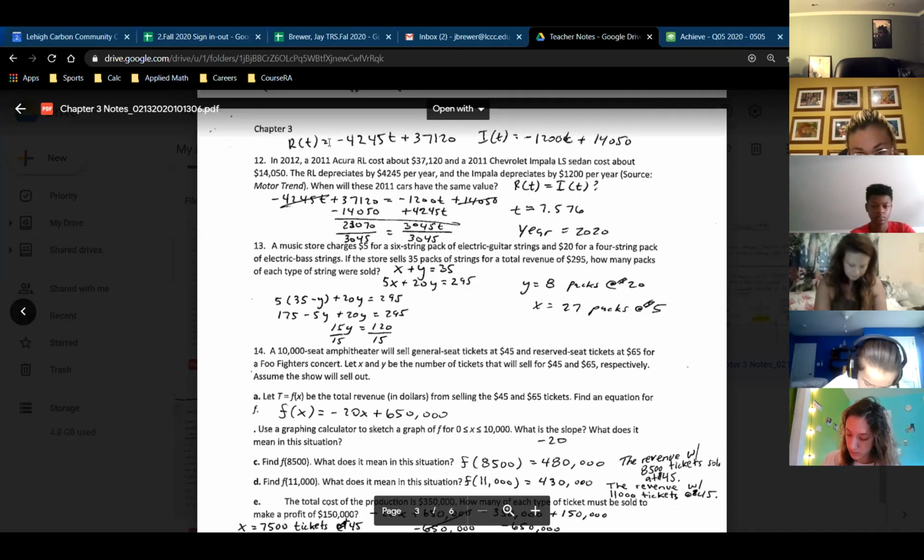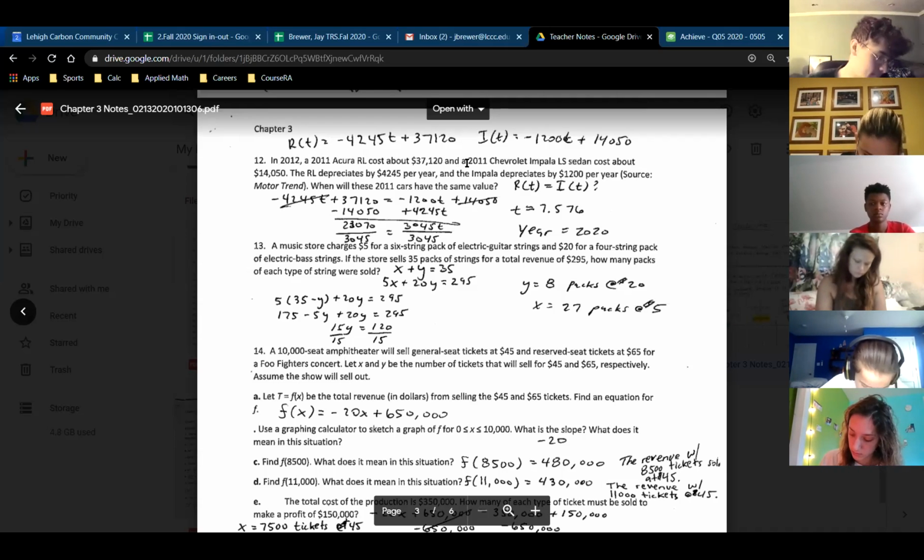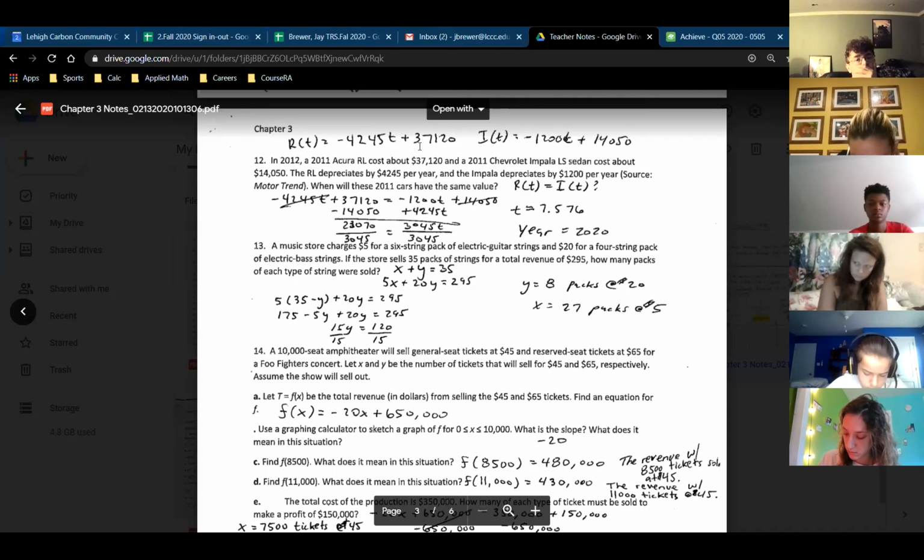So the first thing you figure out is your equations. Your Acura is R of T, and it starts out at 37,120. So that's basically your b for the Acura.